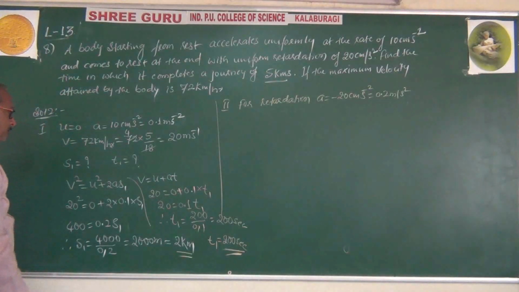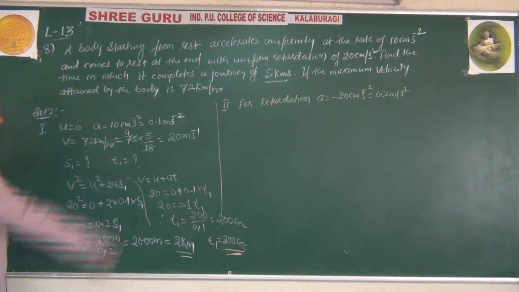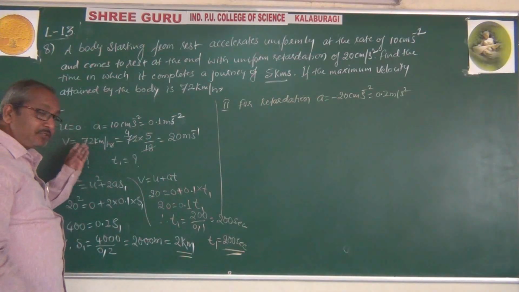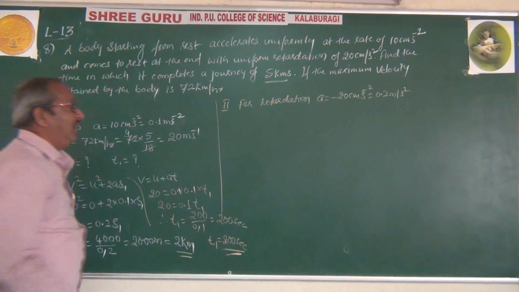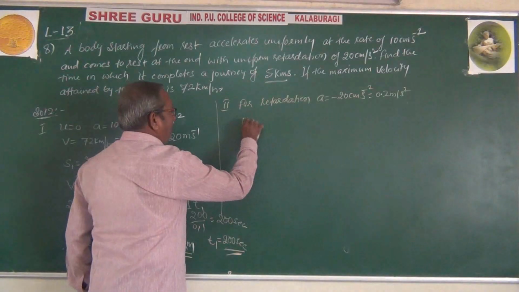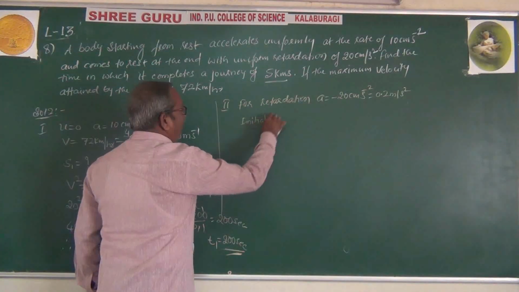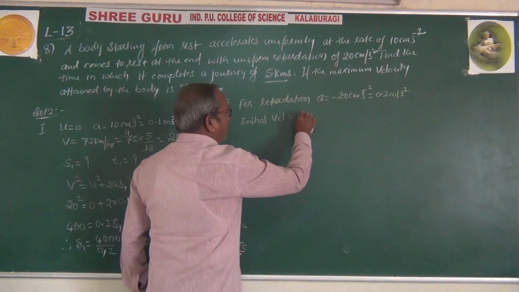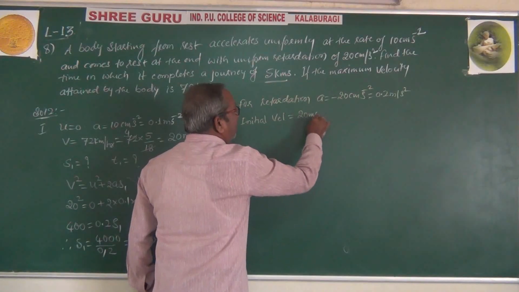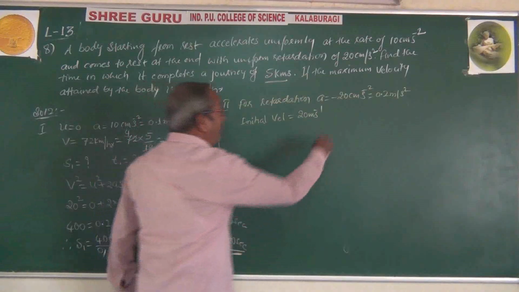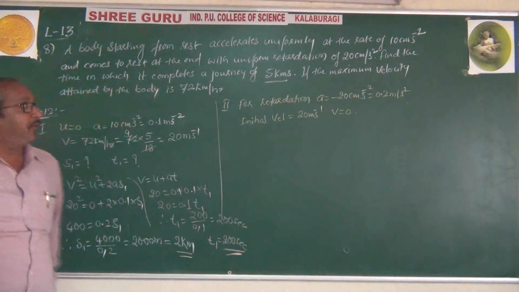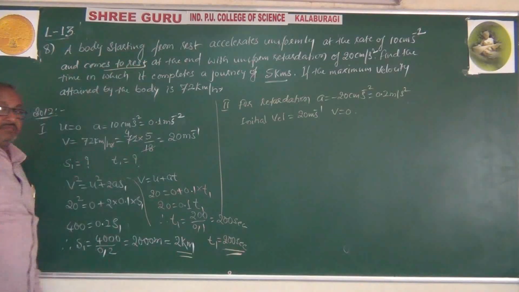Here now, what is the maximum velocity acquired? This becomes the initial velocity. So the initial velocity is 72 km/h, which means 20 meter per second. Final velocity goes to 0, because finally it comes to rest.